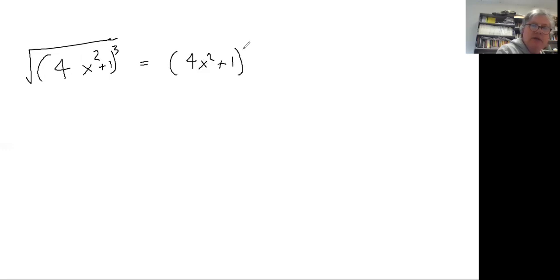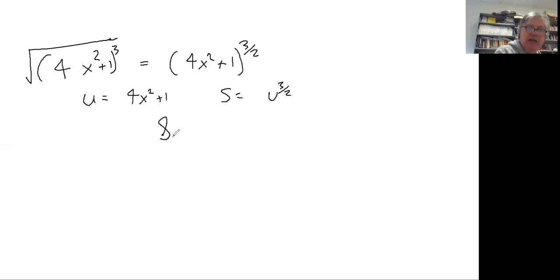So we've got the square root of 4x squared plus 1, cubed. Okay, and the thing to realize is that's 4x squared plus 1 to the power 3/2. To do a chain rule, you just let u equal 4x squared plus 1, and then we have s equal u to the 3/2, and we just multiply the derivatives together.